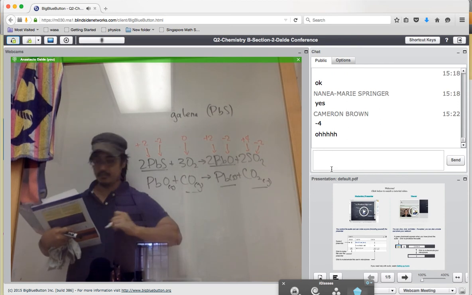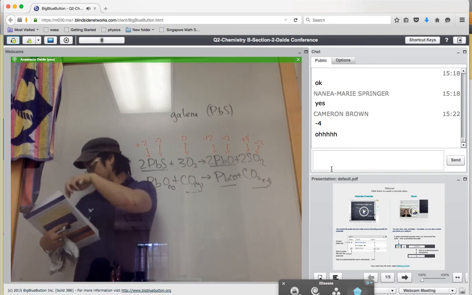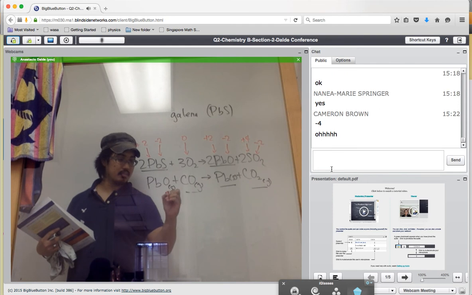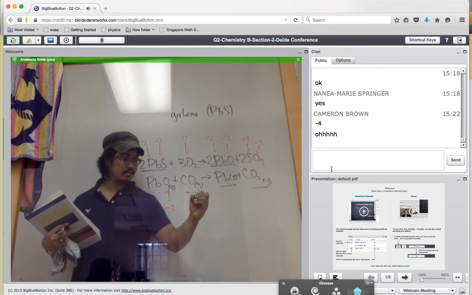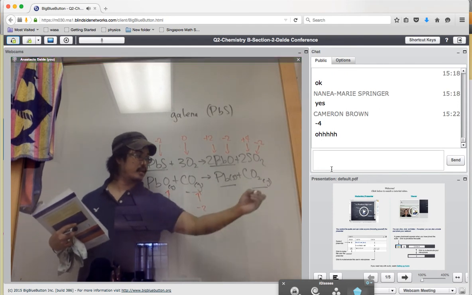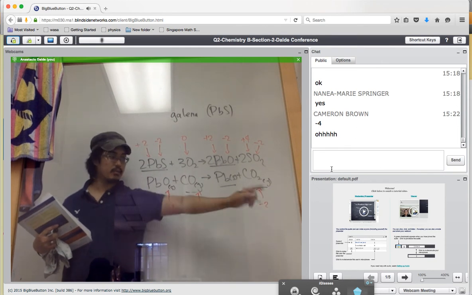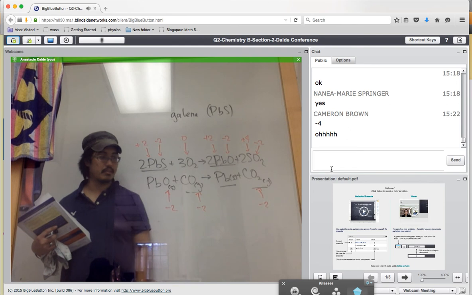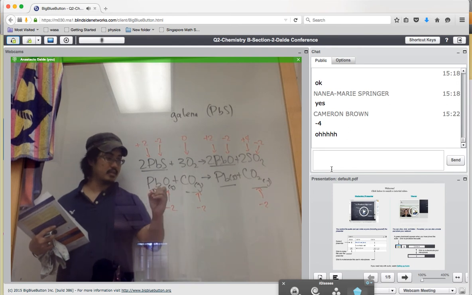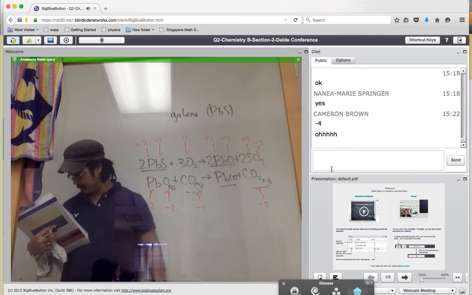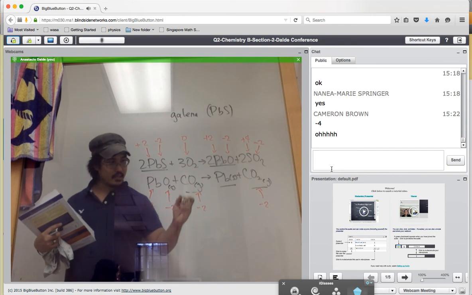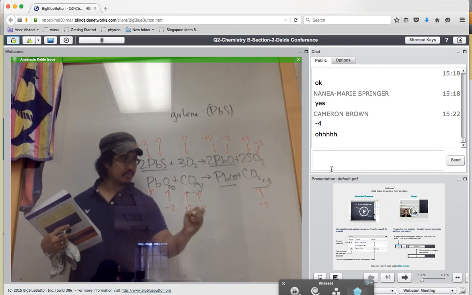Oxidation number of this is -2. Oxidation number of this is -2. And this is also -2. Does that make sense? Sure. I just went with all my oxygens. I'm doing the equation on the bottom. The lead is +2. It has to be, right? Yes. The carbon has to be +2 as well.